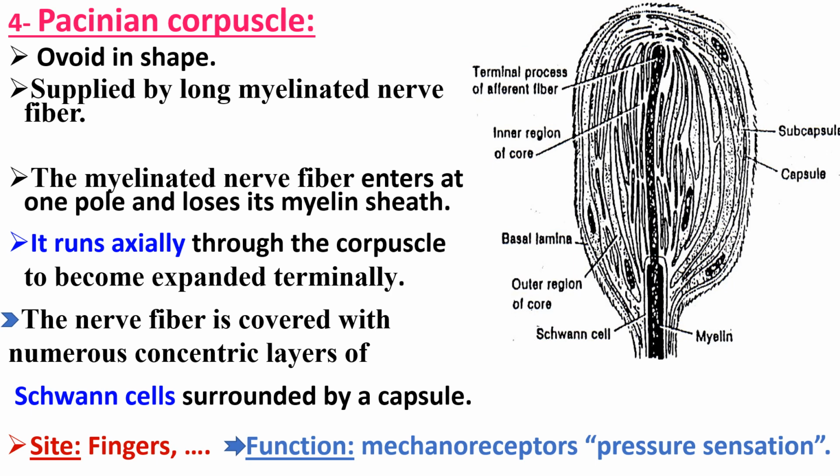The nerve fiber is also surrounded by concentric layers of Schwann cells.